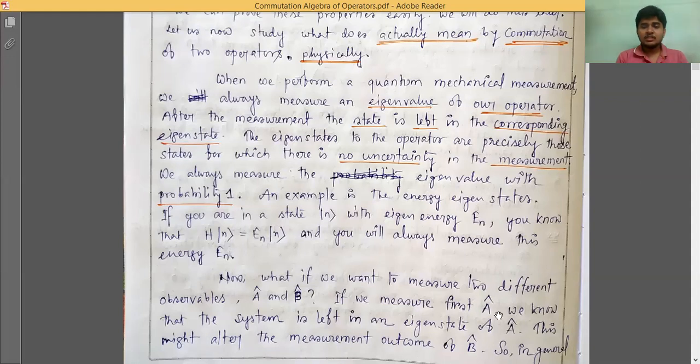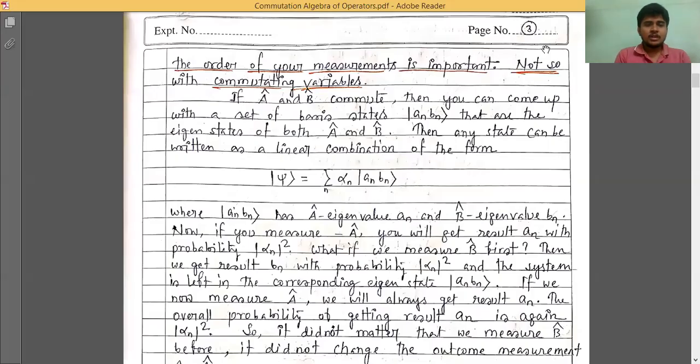We know that the system is left in an eigenstate of A. Now this might alter the measurement outcome of B. So this measurement may alter the result. If you are leaving the nth state after the operation of the operator A, there may be some problem in the measurement of the operator B.